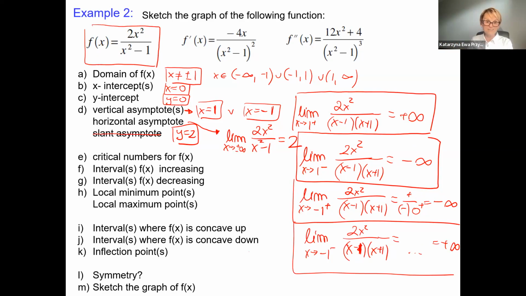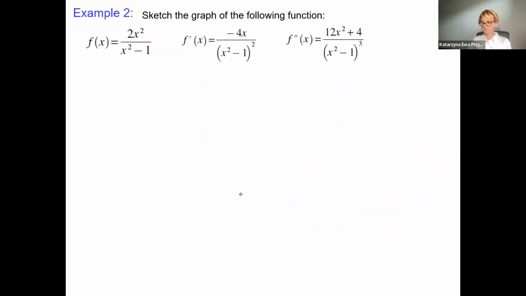Now the first derivative. Let's find critical numbers, increasing, decreasing, local maximum, minimum. Do you see critical numbers? Now we're looking at the first derivative. Wait a minute. Okay, let me check.